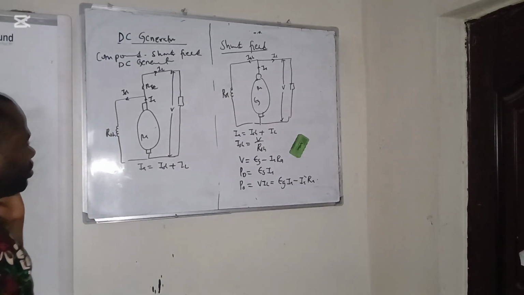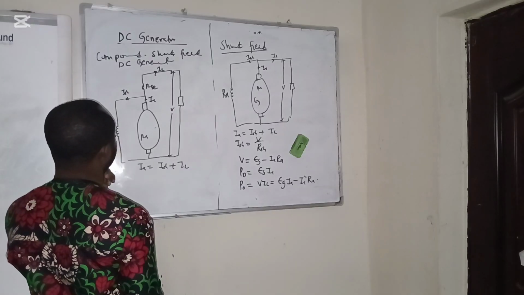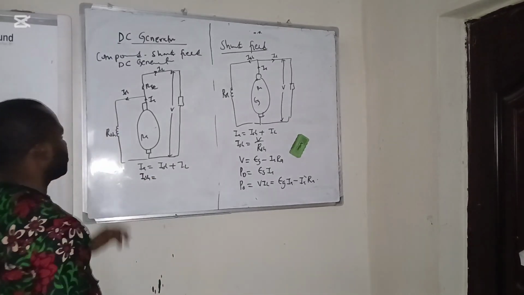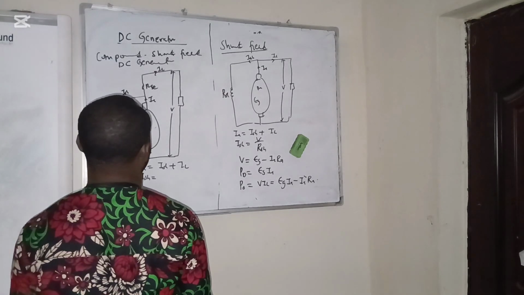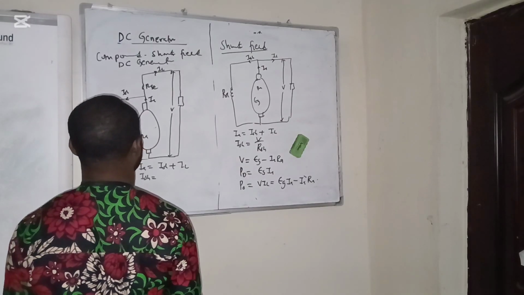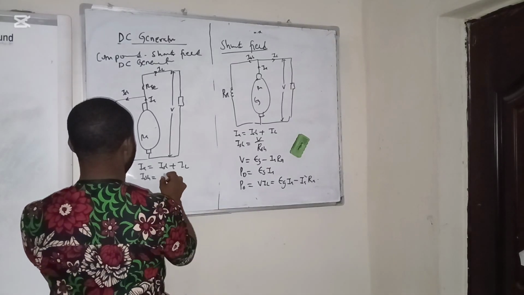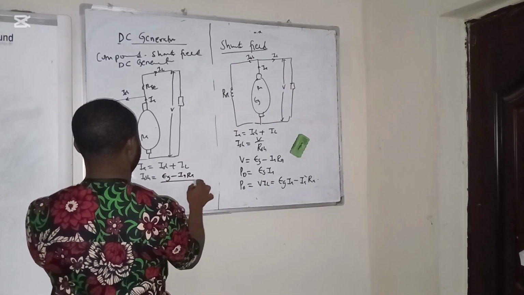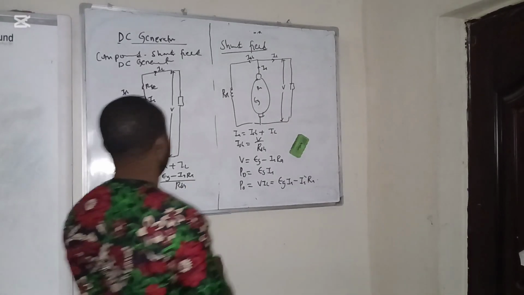So we also have that the shunt current is actually going to be, at this point, we have E minus this divided by this. So this is the shunt current.